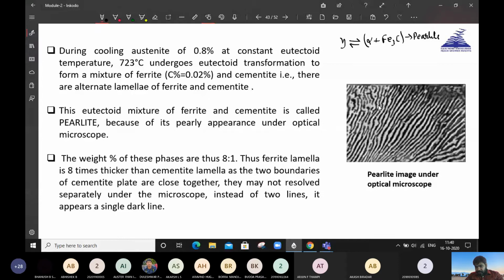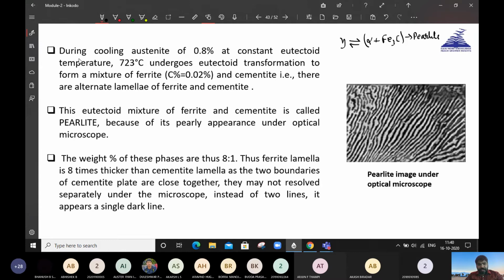You can also see the same thing over here. The thickness of this alpha phase is 8 times the thickness of this Fe3C phase. This is how the two phases are in the 8:1 ratio. I have already discussed these things.